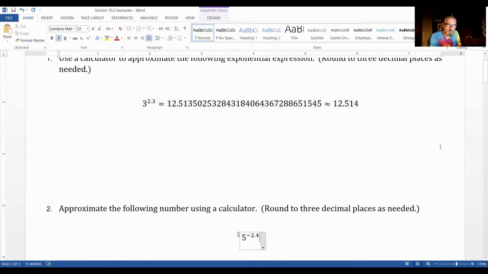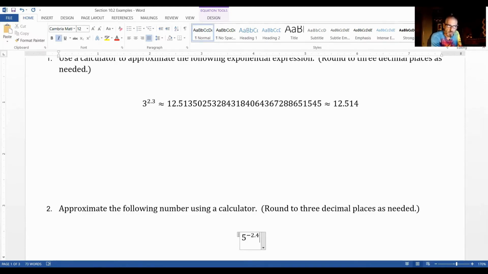Here we're also supposed to approximate. Now, if that was positive, 5 squared would be 25, and 1/25 is 0.04. 5 cubed is 125, so 1 over 125 would be smaller than that.